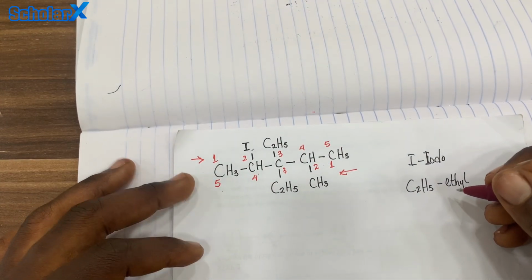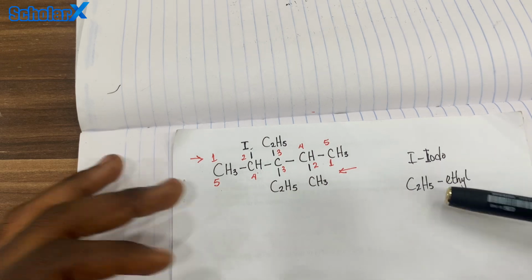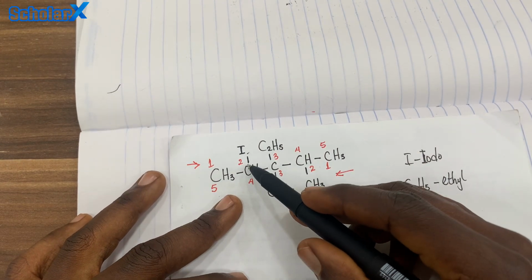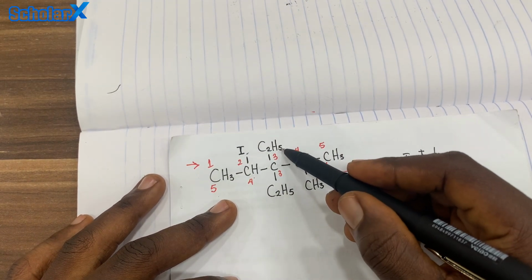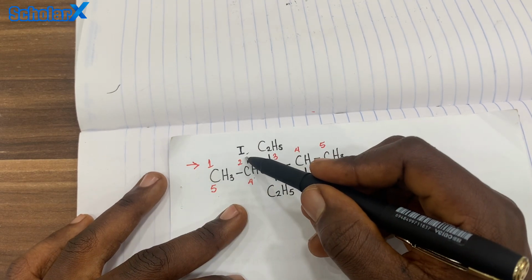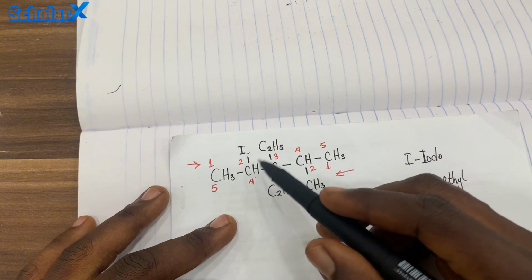All right, but we have an inorganic substituent, and when you have an inorganic substituent, according to the IUPAC nomenclature rule, you consider it first before the organic substituent. This is ethyl, and this is methyl. They are substituents, but they are organic. Iodine, which is iodo, right, is inorganic, so we're going to consider it first.